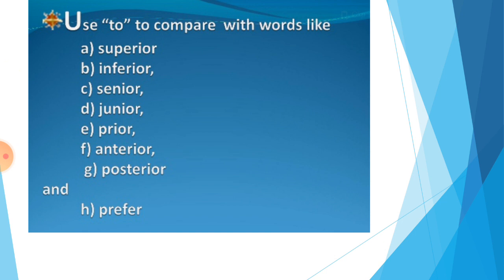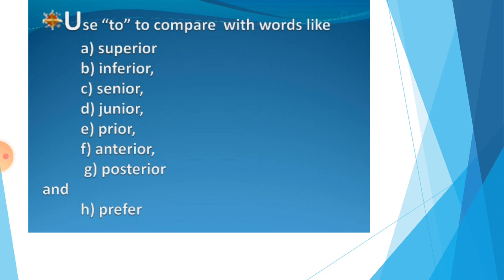Now usage of to with words like superior, inferior, senior, junior, prior, anterior, posterior, and prefer. You should not say I'm junior than him. You should not say like this. I'm junior to him, or I'm senior to him.